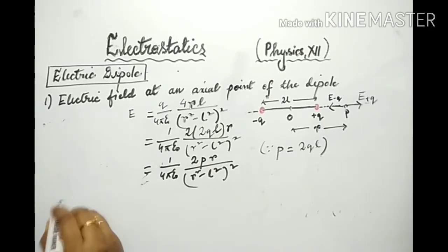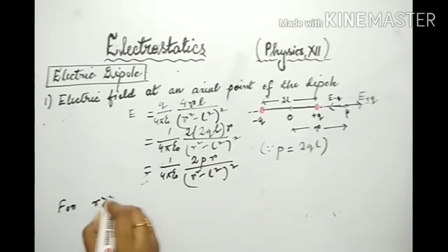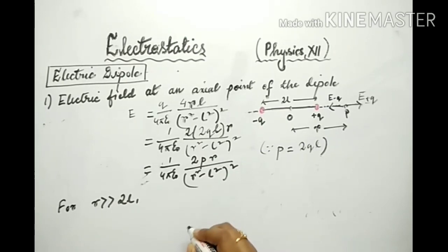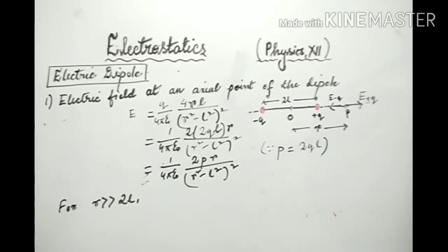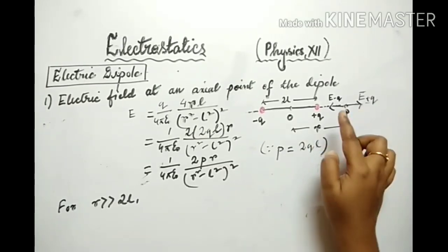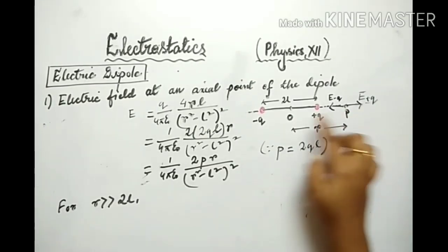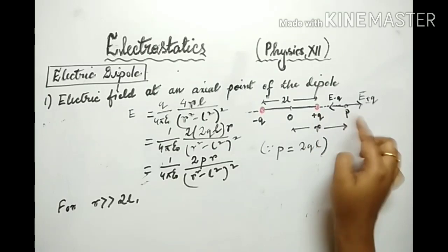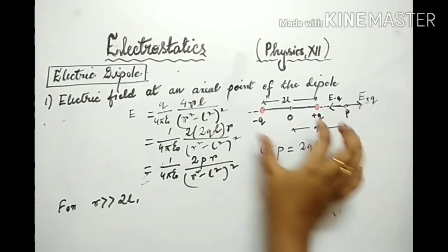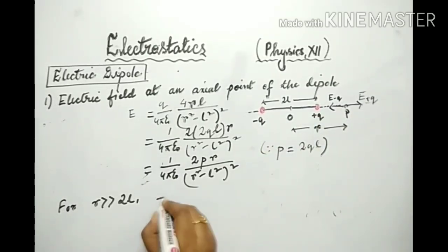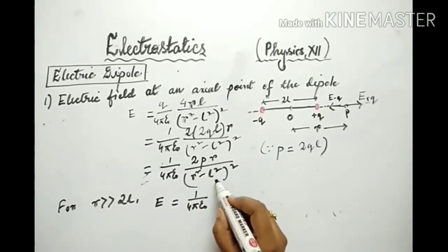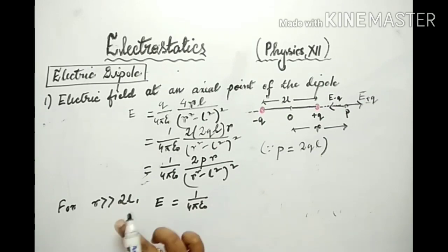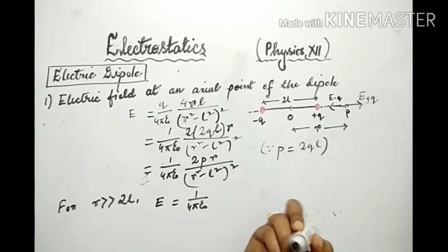Now for r much greater than 2l. Suppose this point P is at a very large distance from O. P is very far from the dipole. Then what will happen? E will be 1 by 4 pi epsilon naught. We will neglect l. If we neglect 2l, l will be automatically neglected.